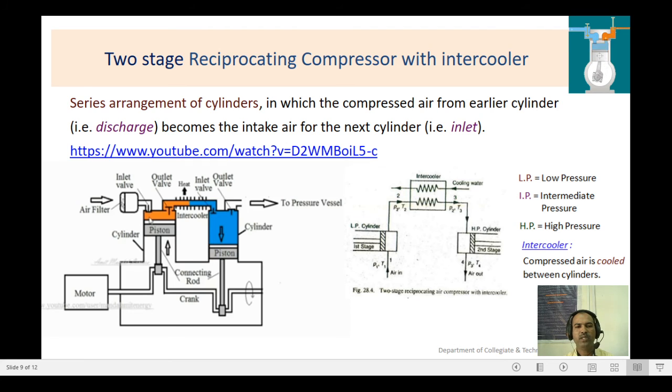In the low pressure cylinder, the air is compressed from 1 bar to 5 bar, and the remaining air is compressed from 5 bar to 10 bar in the second cylinder, so the work is reduced and automatically the volumetric efficiency is improved in a multi-stage reciprocating air compressor. This is the main basic difference between the use of a single cylinder and a multi-stage cylinder air compressor.